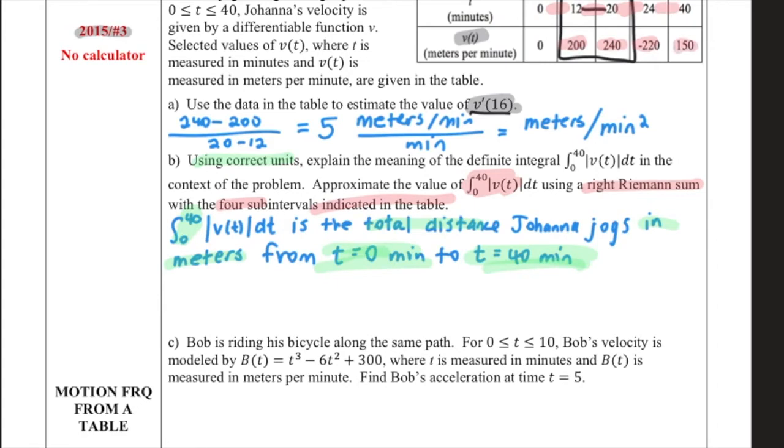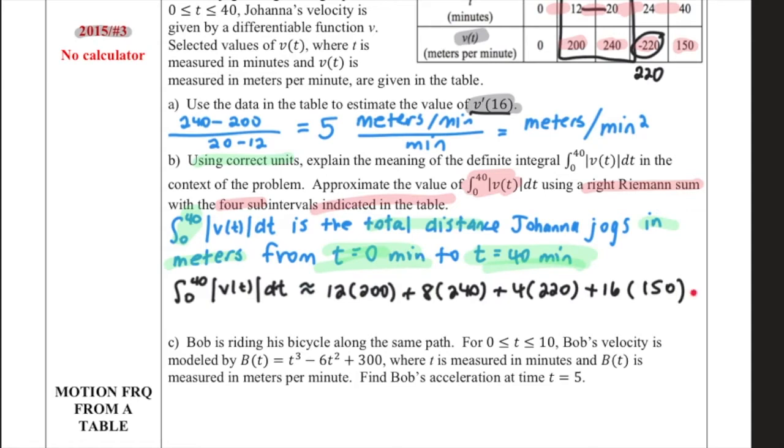And also because it's absolute value, I need to make sure that I take this negative 220 and I'm going to take it as a positive 220 when I do my right Riemann sum. This is my right Riemann sum here. Notice that that 220 is a positive right here. You don't have to actually simplify this if you don't want to, especially since you don't have a calculator. If that's your thing and you're good at it, you can bring it down to a 7600.